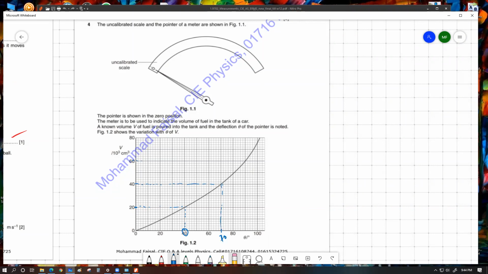The next one you are getting over here, which is 90 degrees, and 80 is obtained over here. How much is this? One deviation over here, 80.